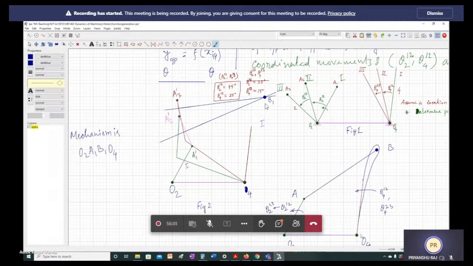Yes, you can change the shape of the follower. But if you just see here, the motion of the follower with the crank is related by this only. I can have a follower like this.